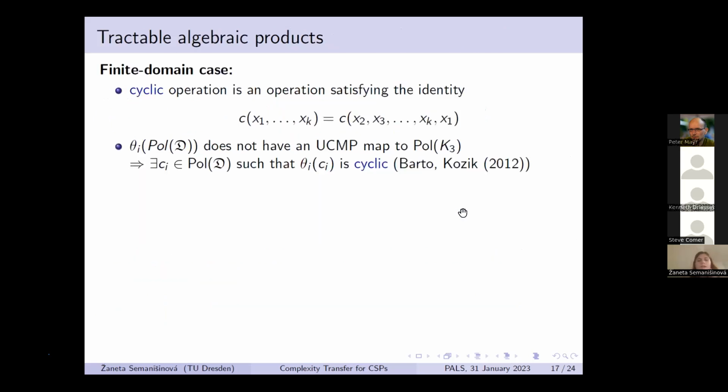So for finite structures, this is already resolved, though I guess no one was really studying it using algebraic products. But the idea is, polymorphisms somehow characterize, if you have nice polymorphisms, it should somehow characterize being easy, tractable, and this nasty map to polymorphisms of K3 is somehow the hardness condition.